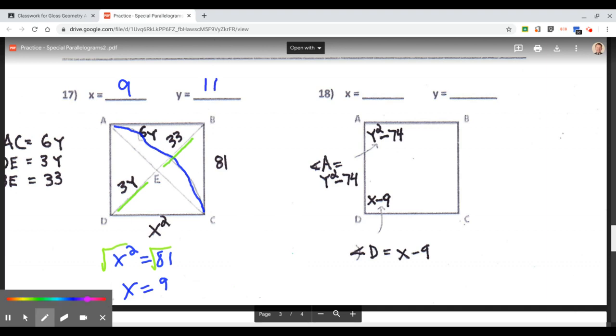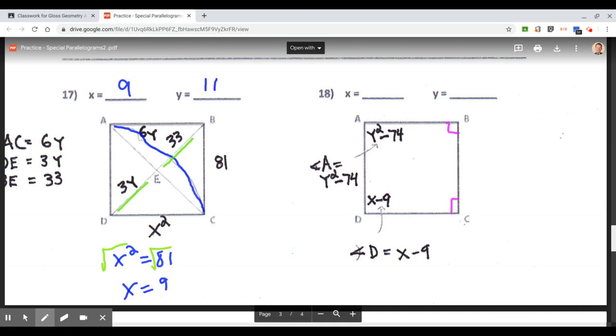All right, let's look at number 18 now. So 18 looks a little confusing too. They give us angle A is y squared minus 74, and angle D is x minus 9. Well, that's kind of weird. It's kind of hard to match those up, right? Well, a property that a square shares with a rectangle is that all angles equal 90 degrees.